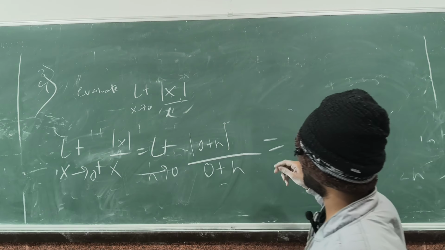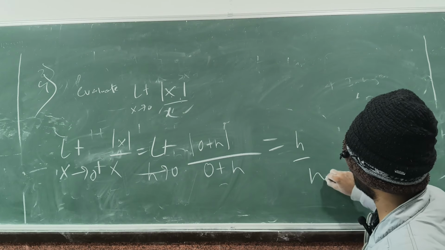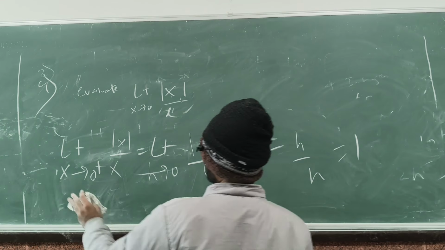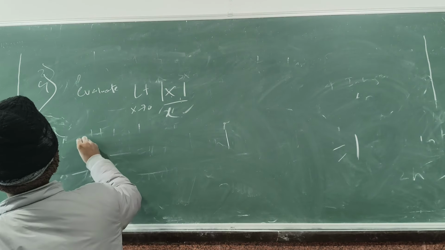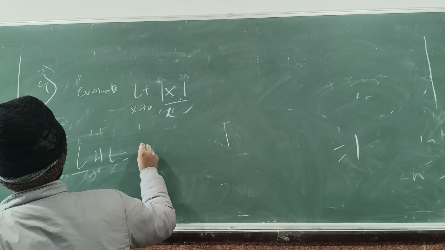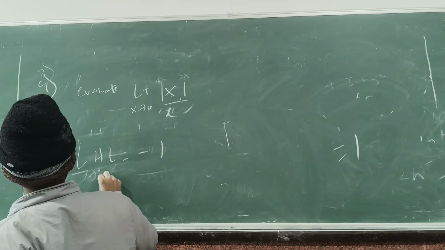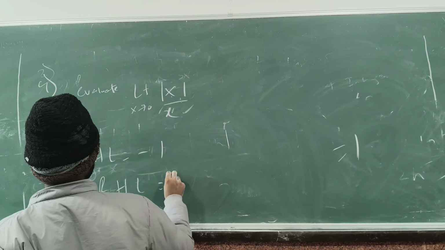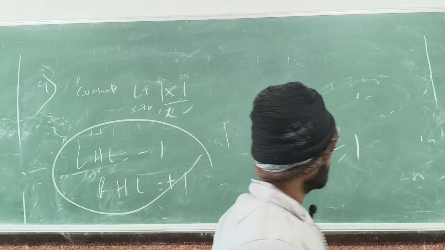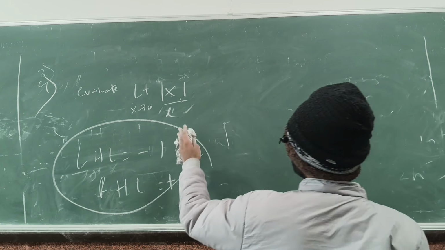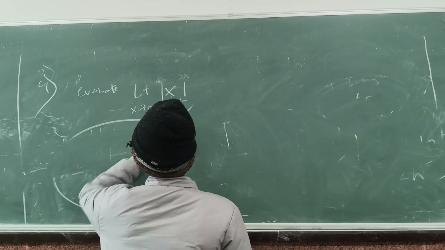Since h is a positive quantity, this is h by h, which equals 1. So the left hand limit we got is minus 1, the right hand limit we got is plus 1, so the limit does not exist. Limit x tends to 0 of mod x by x does not exist.